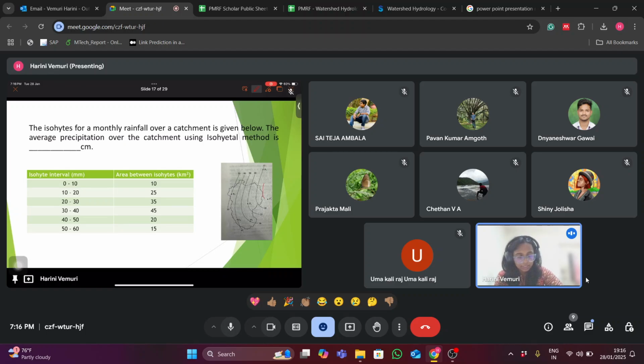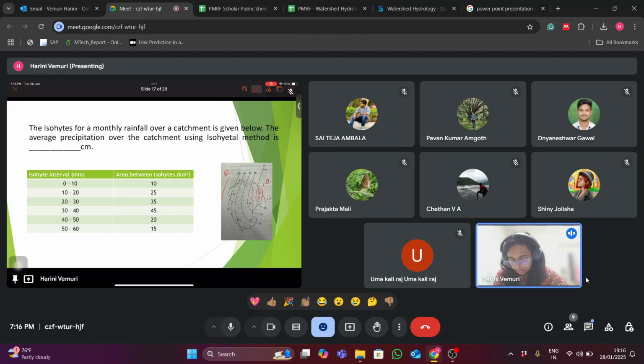Here in this picture we can assume that this is 0 mm, and somewhere around here we have the 60 mm rainfall isohyet. They have given the area that falls in between 0 to 10 mm of rainfall isohyets within the catchment. This is the area of the catchment that lies between 10 to 20 mm of rainfall depth isohyets.